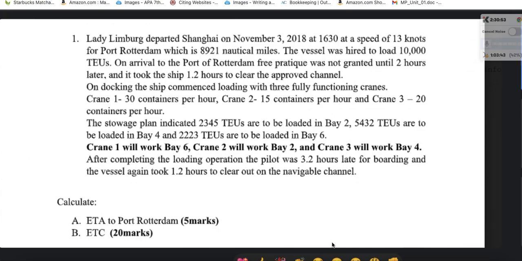Right. So now we're going to work out each crane. So let's start with crane 1. So 2,223 divided by 30. Remember, 2,223 is the amount of TEUs to be loaded in bay 6, and 30 is the amount that the crane assigned to bay 6 can load per hour.